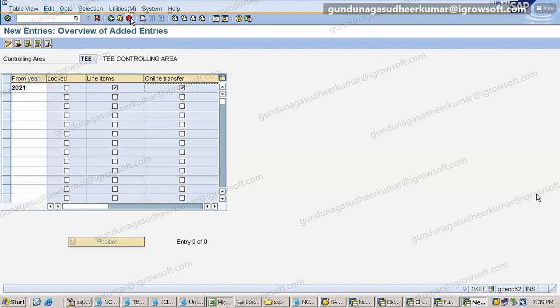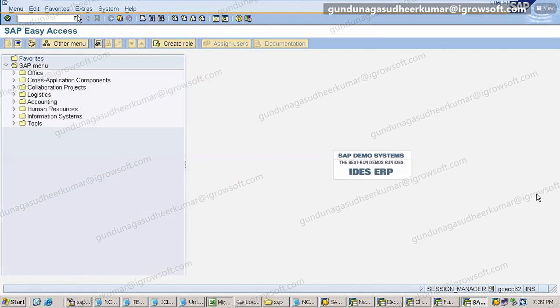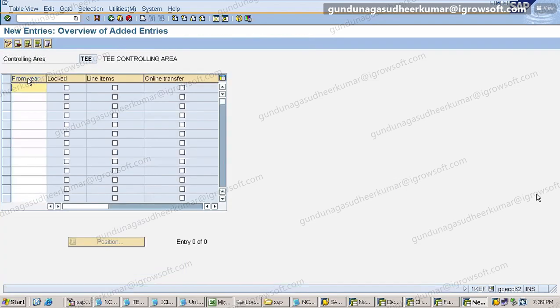So go to OKEF, click on new entries, from year, this year, line items and online transfer. Okay, so that was step number 4. Save.